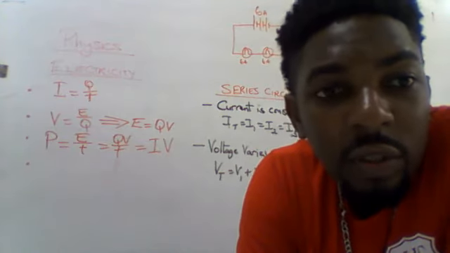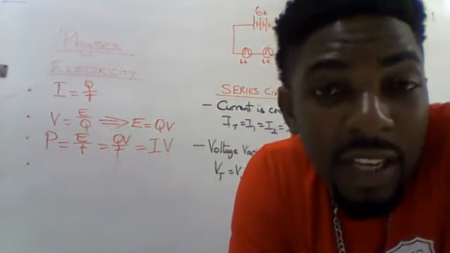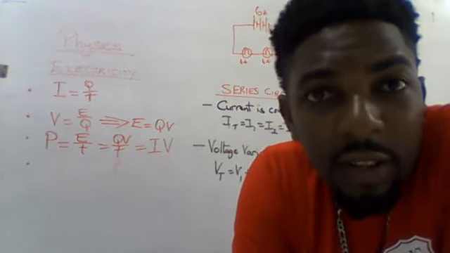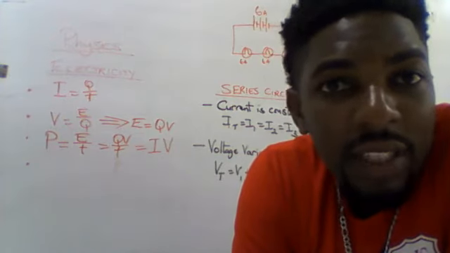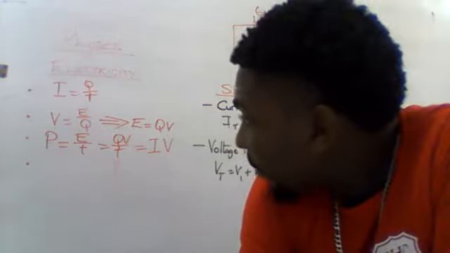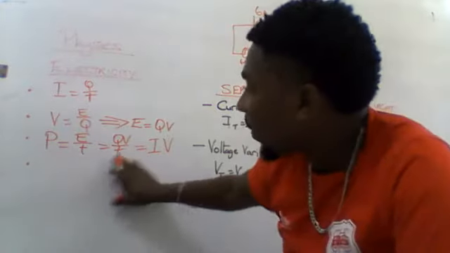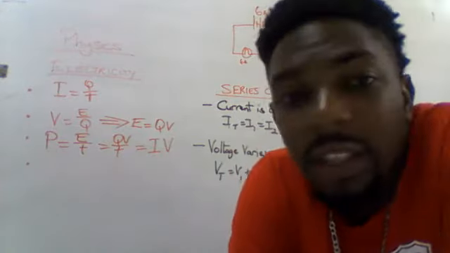And power has the SI unit of watts, right? Watts is the SI unit. If the numbers are large, it will be converted into kilowatts. Good? So that's the SI unit of power and the formula there.